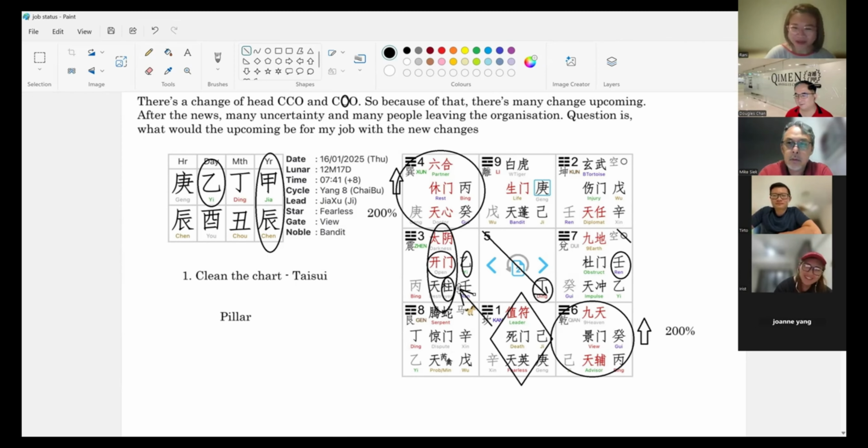I experienced it last December. It was all about moving, finding a new place, these kinds of things. And also unexpected things happened, many things. I got Geng as well in my chart. Oh, that means a lot of challenges coming in when you want to move to new places.